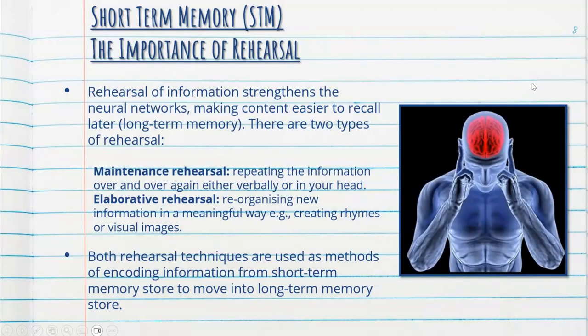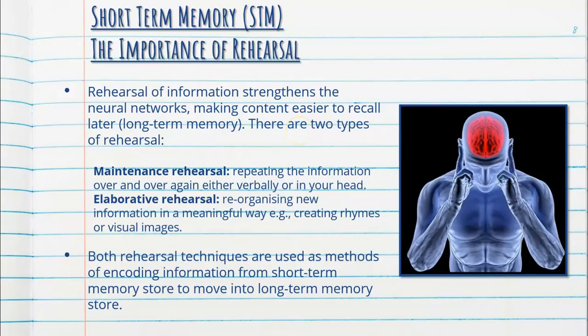Still sticking with short-term memory, I've already talked about the importance of rehearsal. If we don't rehearse the information, it won't be able to be transferred to long-term memory. Rehearsal of information strengthens the neural networks, making content easier to recall later. There are two types of rehearsal. There's maintenance rehearsal, which is repeating the information over and over again to yourself, either verbally or in your head.